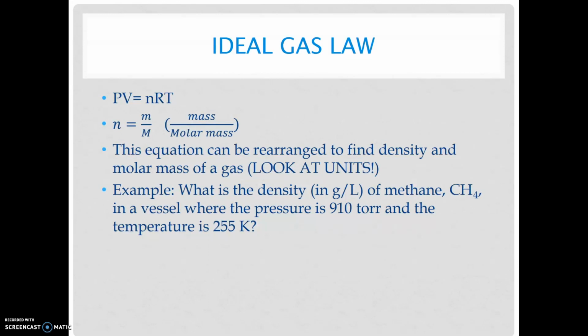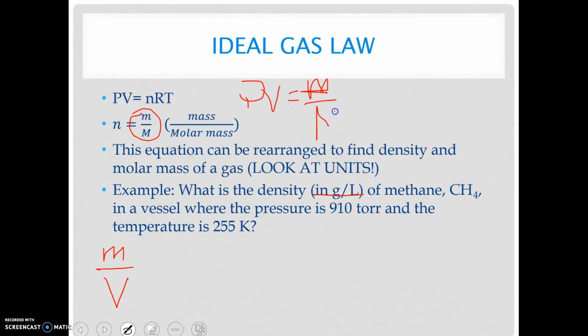So the way we can do this, hold on. Okay. So if we are looking for density, that's grams over liters. So what that really means is that you need m over V, right? So if you were to plug this in for n, then you're going to have PV equals m over M RT, right?